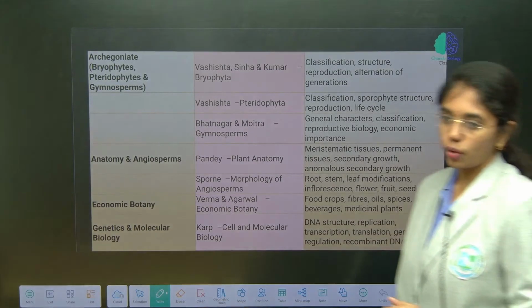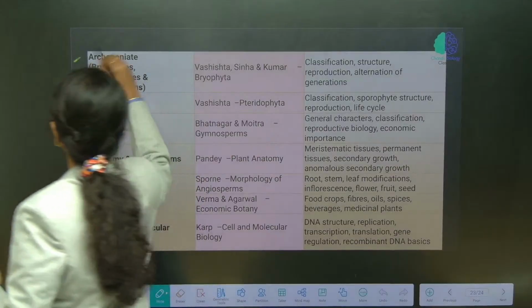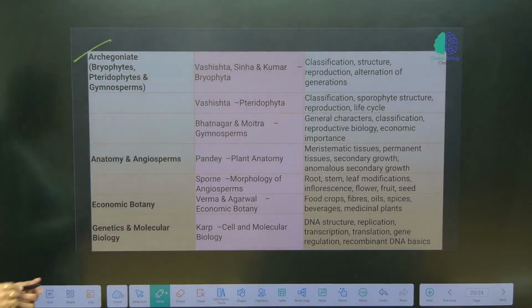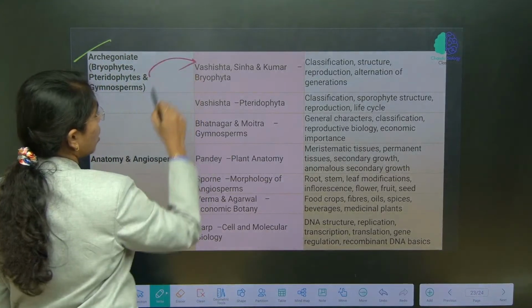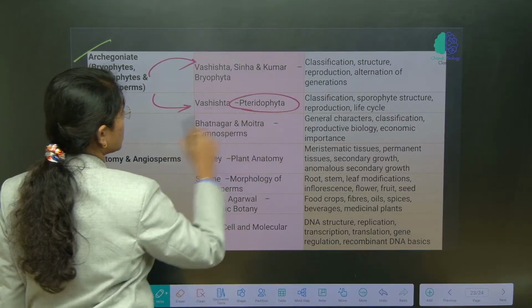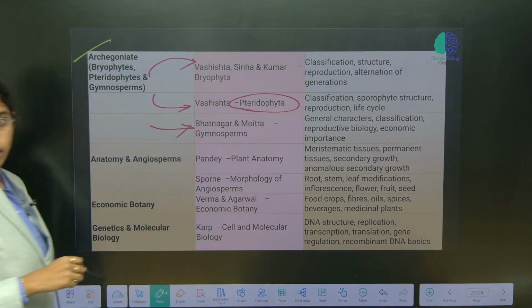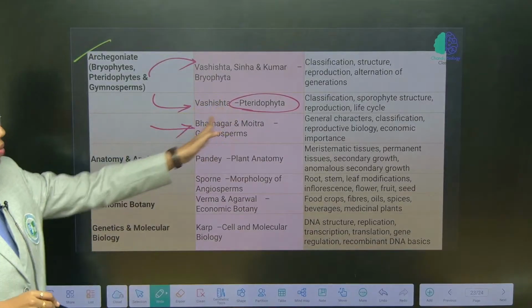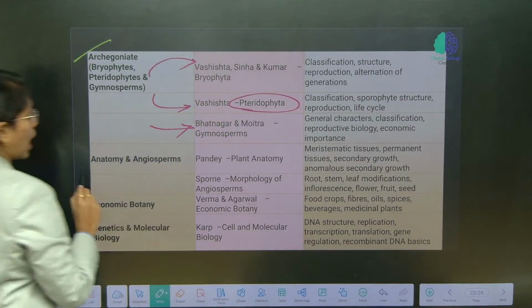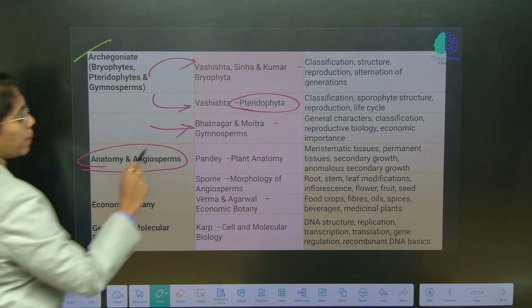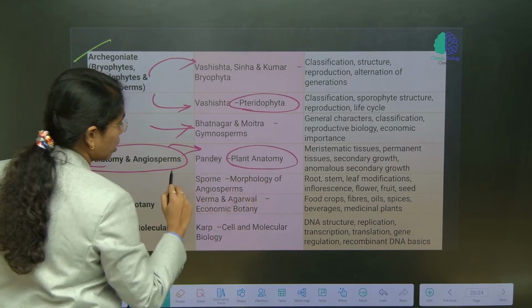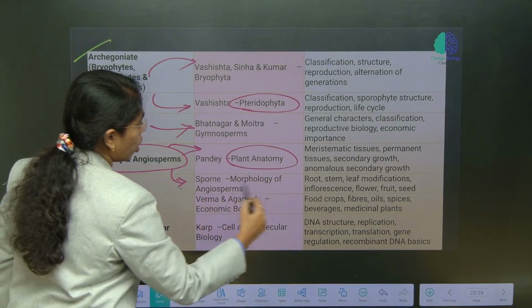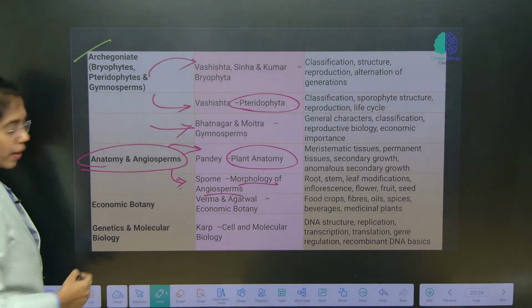Next, Archegoniate, okay, where bryophytes, pteridophytes and gymnosperms. Standard books include Vasishta, followed by Vasishta for pteridophytes, and then Bhatnagar and Moitra for gymnosperms, and these are the contents which are included in this. Next, Anatomy and Angiosperms by Pandey, Plant Anatomy. Sporne's classification, Morphology of Angiosperms, fine, right.